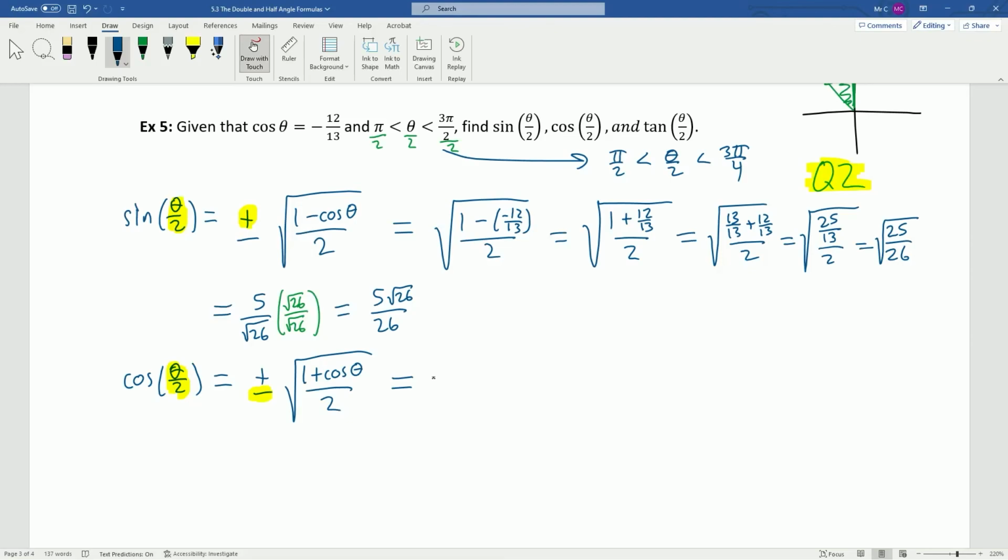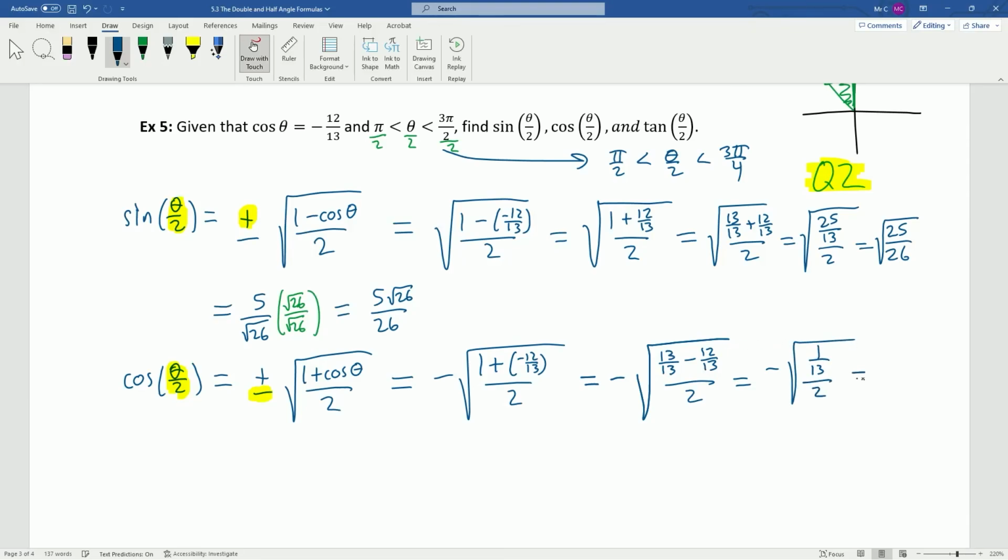So that gives us negative the radical of 1 plus negative 12 over 13, over 2. It's negative the radical of 13 over 13 minus 12 over 13, all over 2. That's negative root 1 over 13 divided by 2.